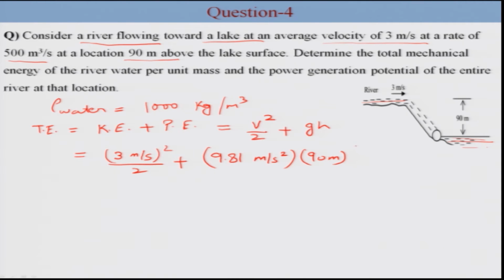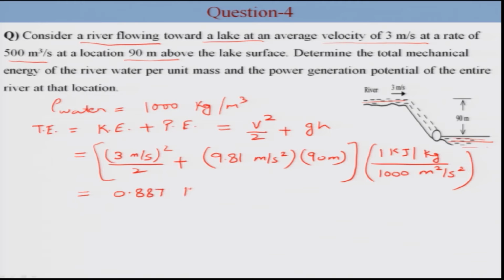Now, if we convert this to kilojoule, 1 kilojoule per kg is equivalent to 1000 meter square per second square. So, simplifying this, it gives a value of 0.887 kilojoule per kg. This is the total mechanical energy of the river water.